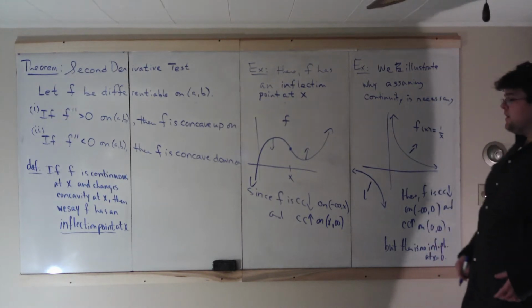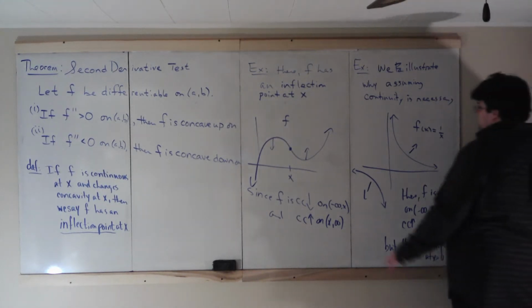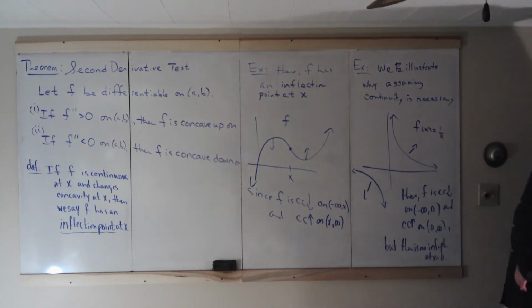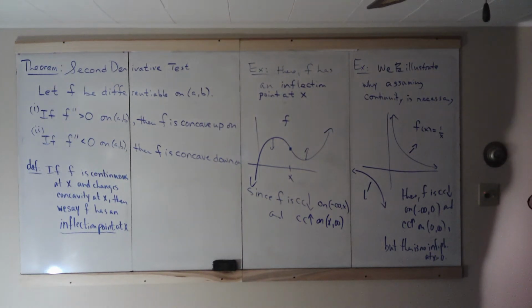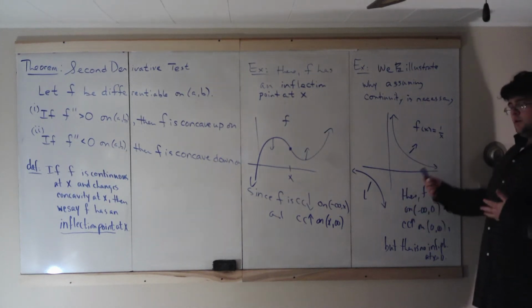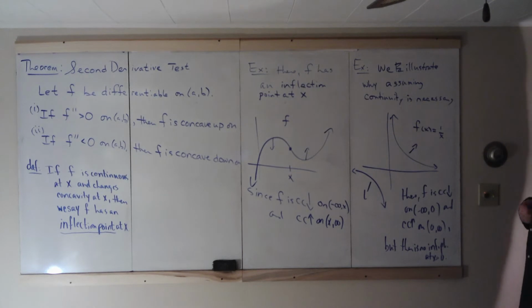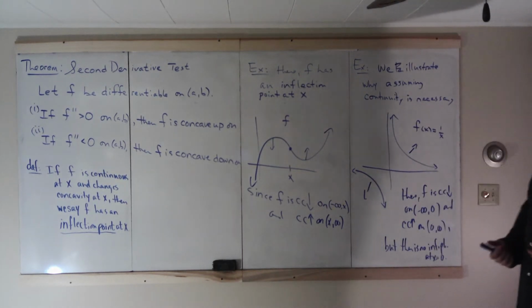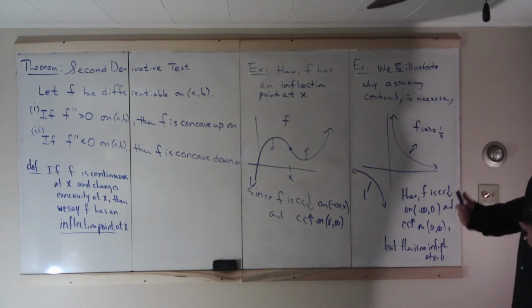The function is not defined at x equals 0. So if it's continuous and changes concavity, we will have a point like that. But if it's not continuous and changes concavity, which could happen, then we're not going to want to call that an inflection point. But let's summarize all of the information we've covered so far in 4 nice graphs.